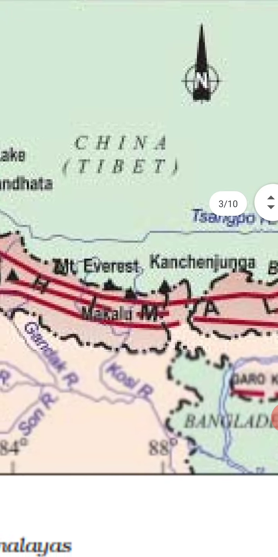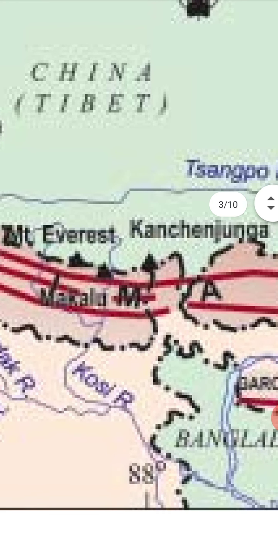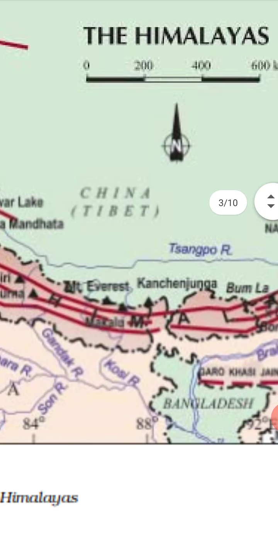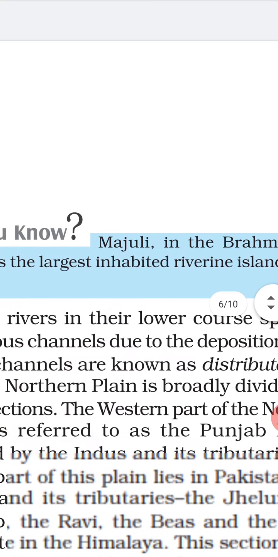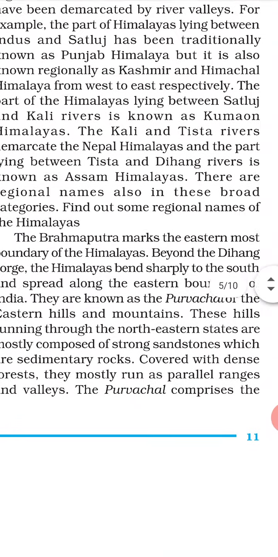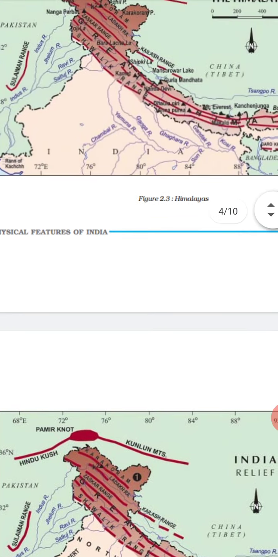This is Mount Everest in Nepal near Sikkim, and in India the highest mountain peak is Kanchenjunga. You see here Mount Everest and Kanchenjunga. Now let's go back.